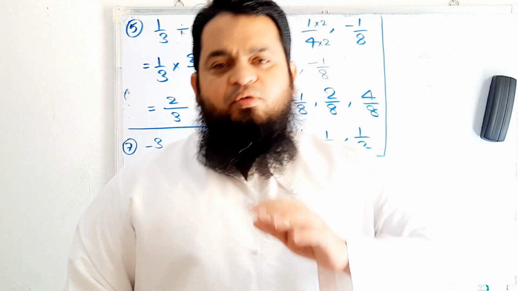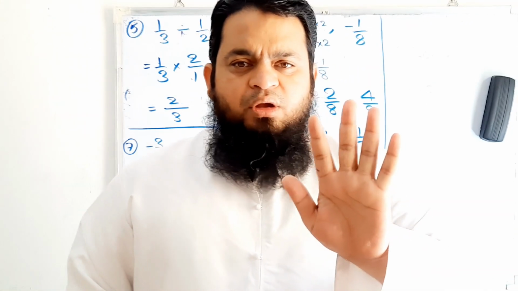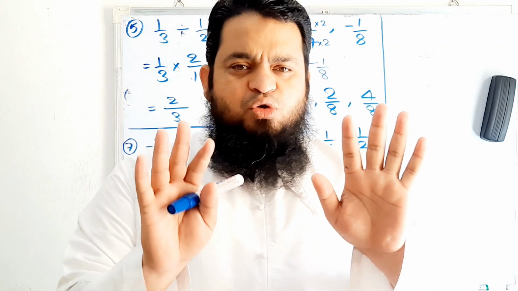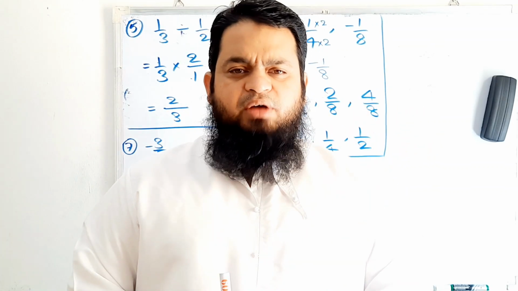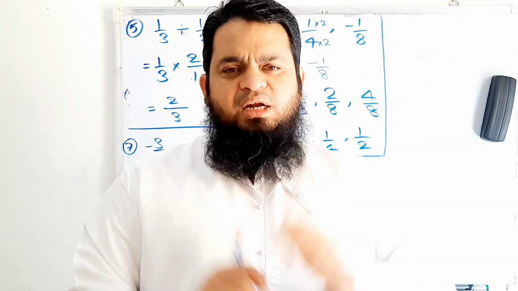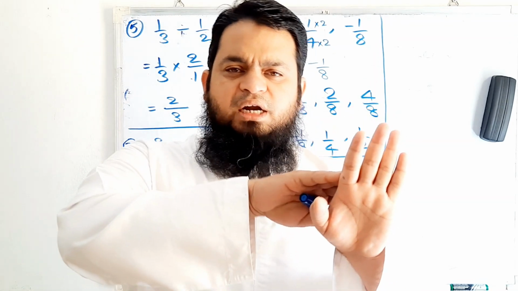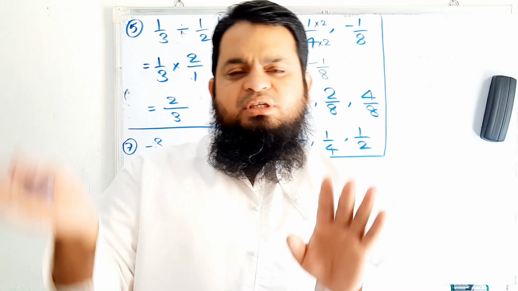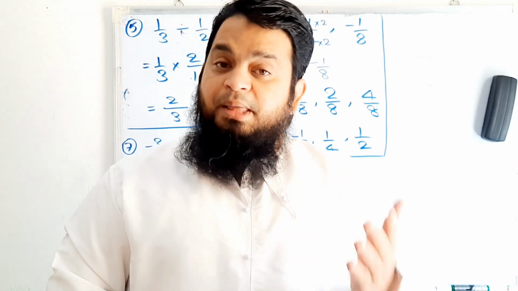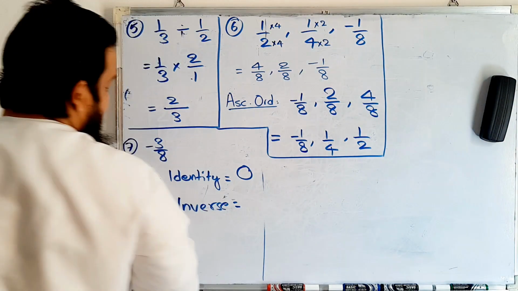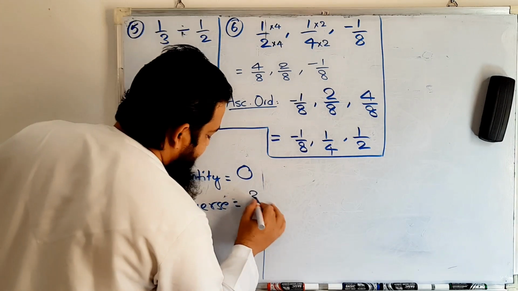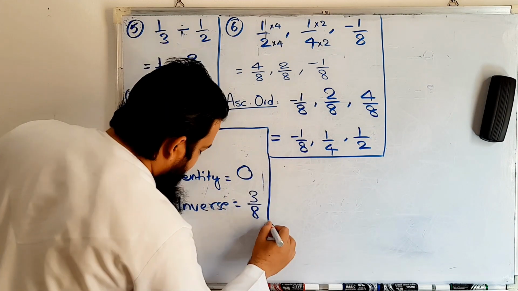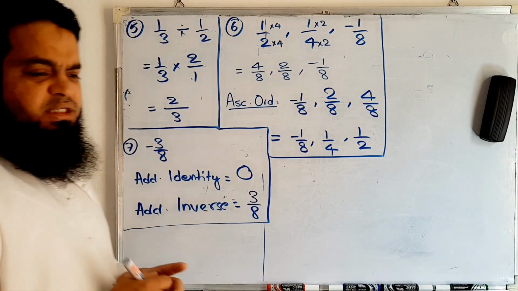Suppose I take 5, what should be added to get 0? Minus 5. So 5 is the additive inverse of minus 5 and minus 5 is the additive inverse of plus 5. In the same way, what is the negative of minus 3 by 8? It is plus 3 by 8. Simple. I hope everybody understood this.